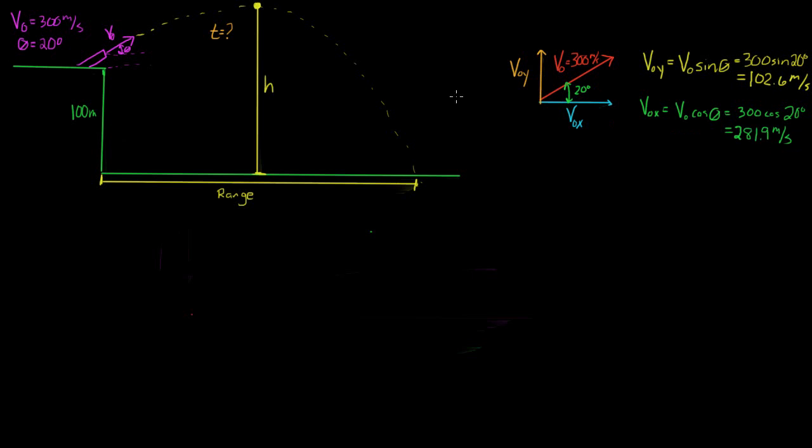So that means that our initial velocity in the x is 281.9 meters per second, and our initial velocity this way is 102.6 meters per second.